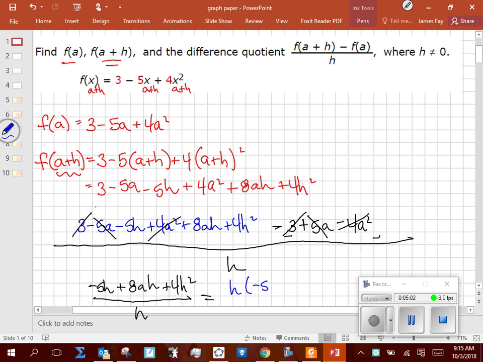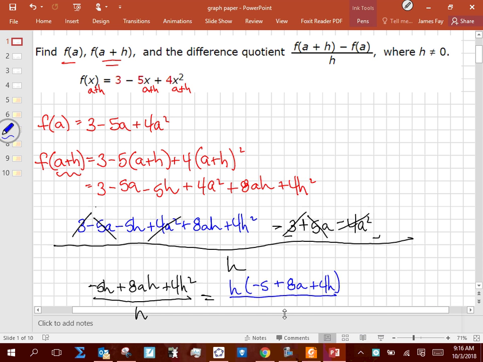And then I have negative 5 plus 8a plus 4h, correct? The reason we would do that, we can recognize this h over h is a factor of what? It's a factor of 1, isn't it? H divided by h. So they cancel, and I'm left with my end result. That expression.